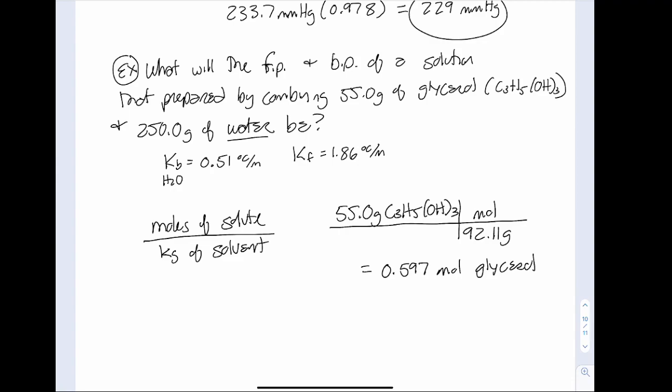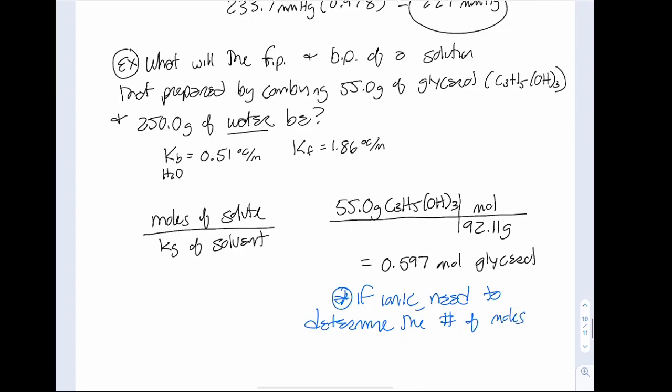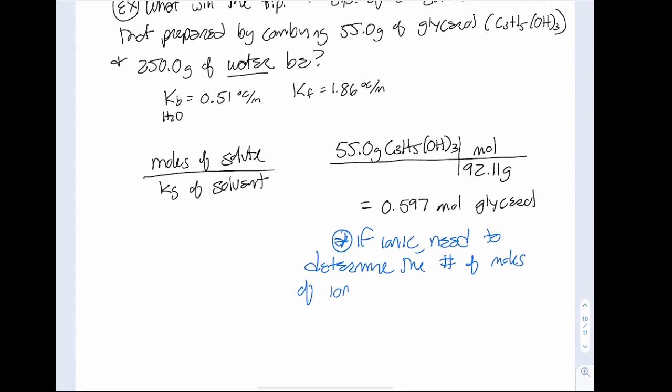This one happens to be covalent, so I don't need to, but let's add that note so you have it in your notes. If ionic, need to determine the number of moles of ions in solution.